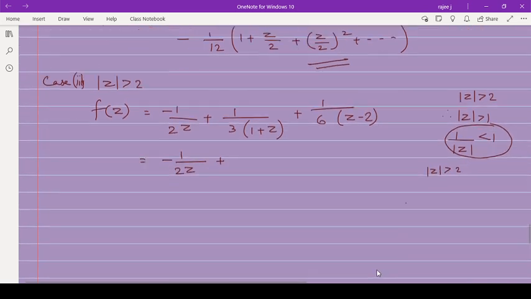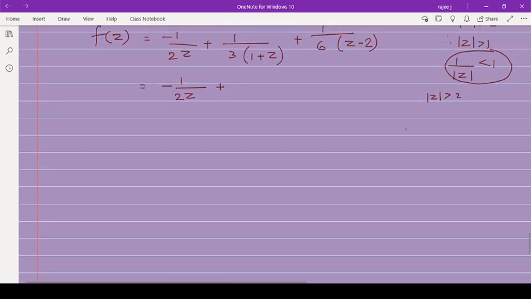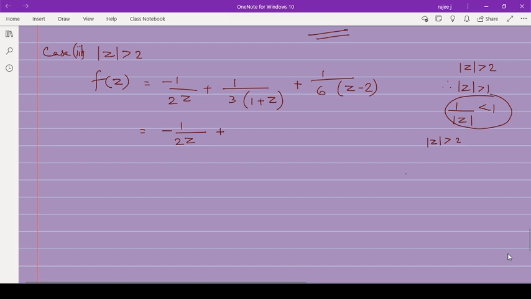Mod z greater than 2 means, if I divide both sides by mod z, taking mod z to the denominator, then 1 is greater than 2 by mod z. That means 2 by mod z is less than 1.